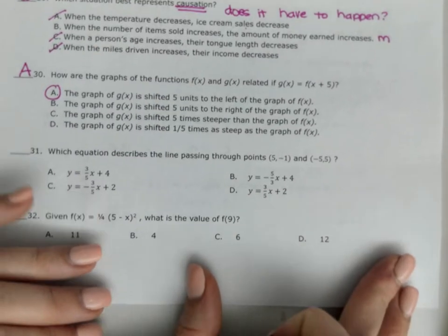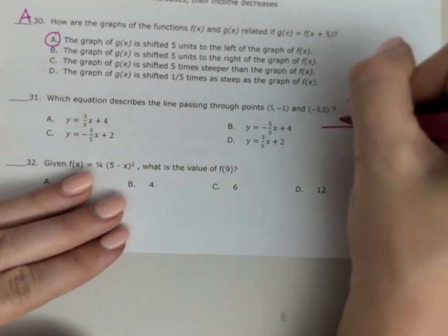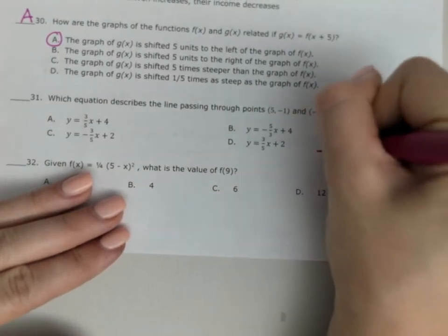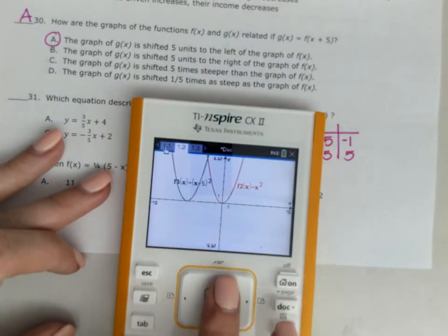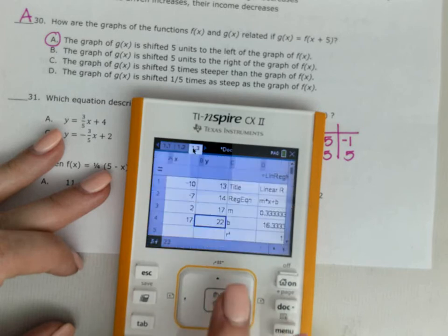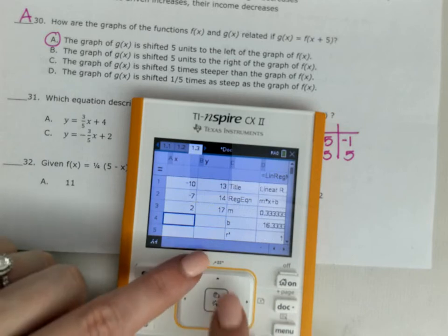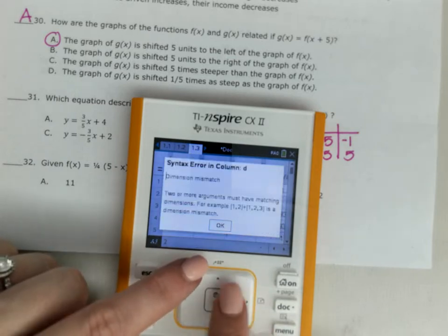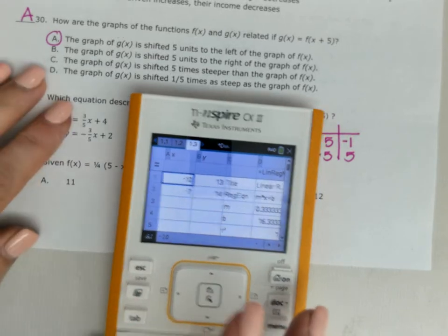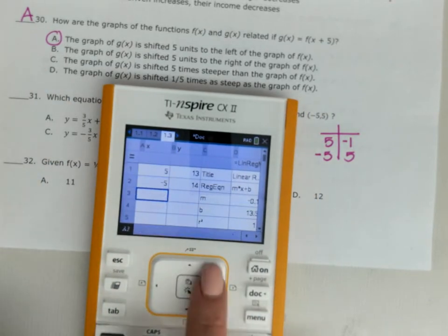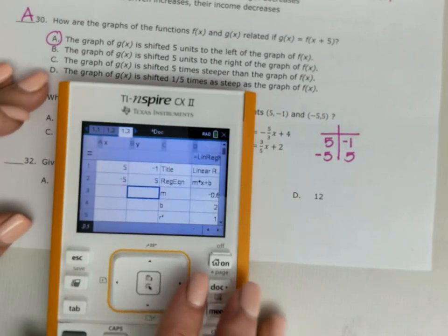There you go. Which equation describes the line passing through these 2 points? They're giving me 2 points, so I'm going to put it in stat. So I go to the table, delete, delete, delete, delete. So my points are 5 and negative 5, and then negative 1 and positive 5.